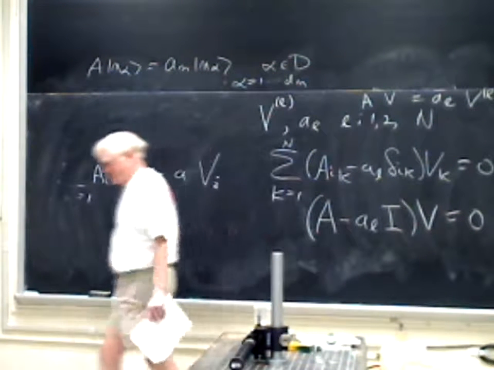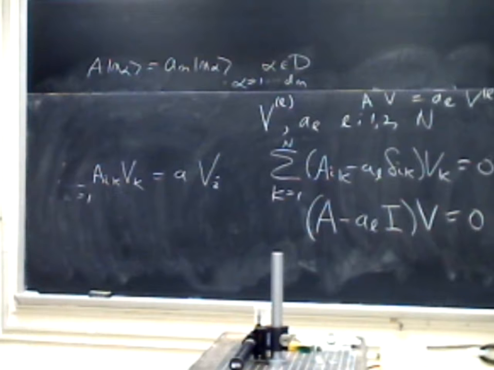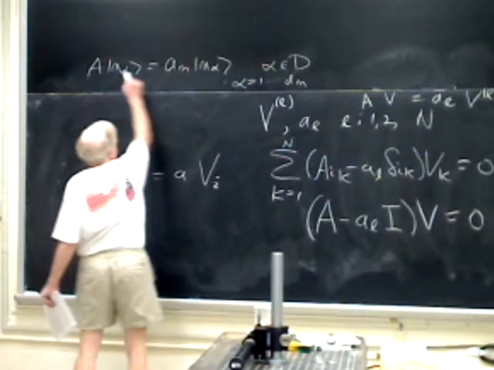In other words, suppose the degree of degeneracy for the nth level is d_n, then there are d_n states there.